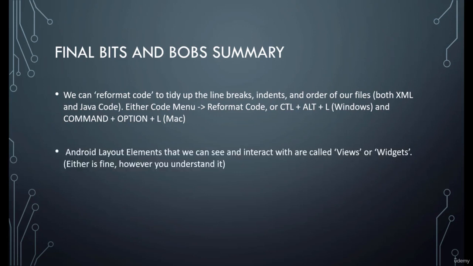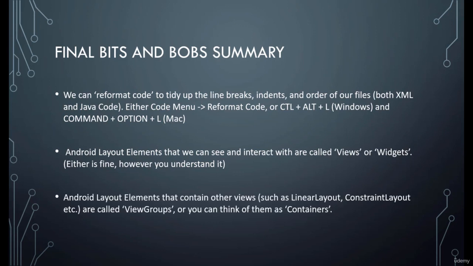We know that the XML tags are elements in XML, but in Android they're a bit more than that. So the things we can see and interact with, like text and buttons and pictures, these are referred to by Android as views or sometimes widgets. Either's fine. Use whichever one makes sense to you.